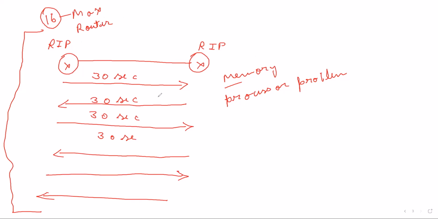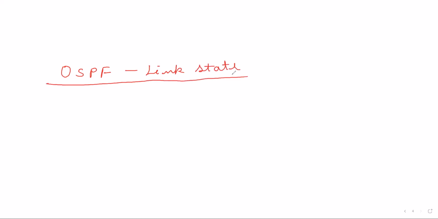So now what happened? RIP was the first one. Second, they made the OSPF category protocol. OSPF was a link state category protocol. So in this protocol, what did they change? I have two routers, and on both routers we are running OSPF.